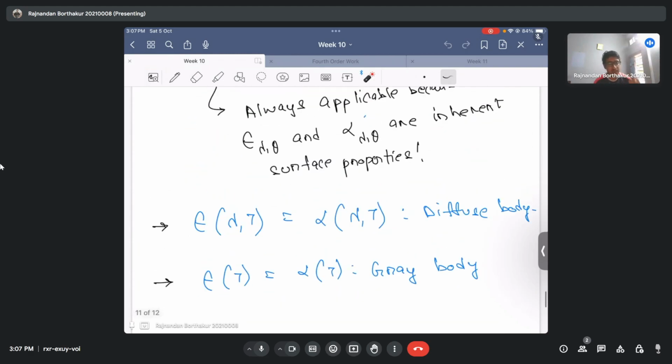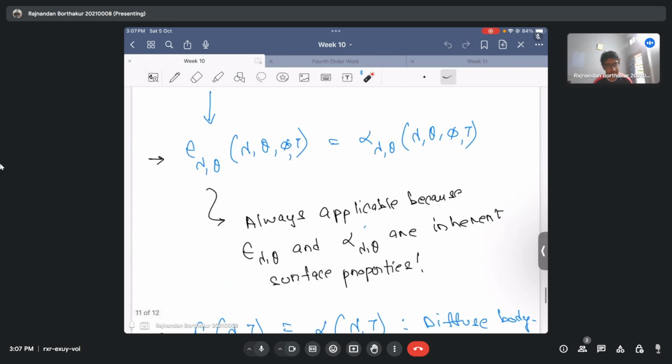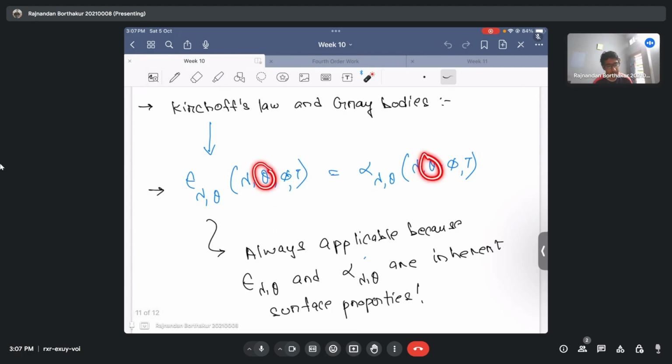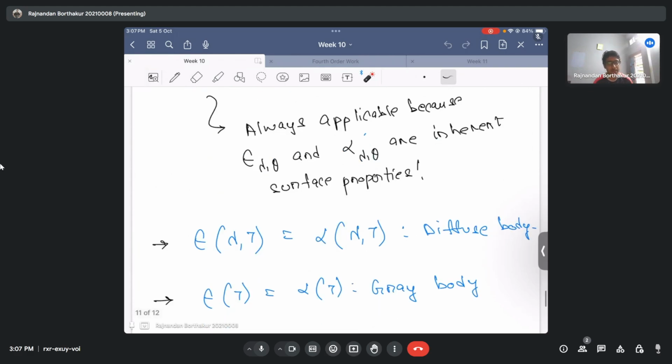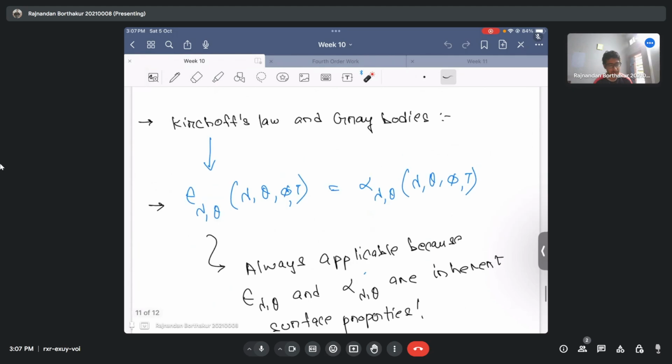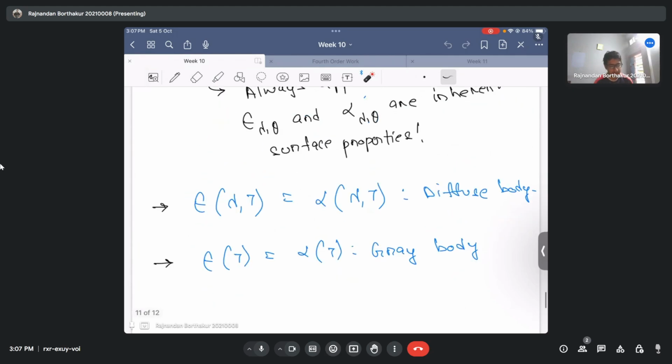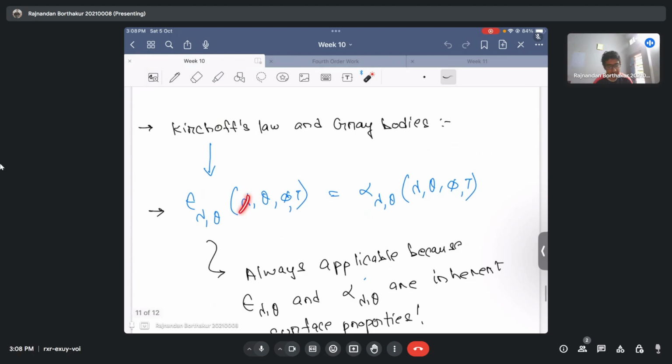And then we argued that if I now have a diffuse body, I can simply remove these directional dependencies, and the same thing goes for the case of a gray body, where I can remove the lambda dependencies. So I can write that epsilon is equal to alpha only when I have a diffuse and a gray body, and then these dependencies on the wavelength and the direction don't come into the picture.